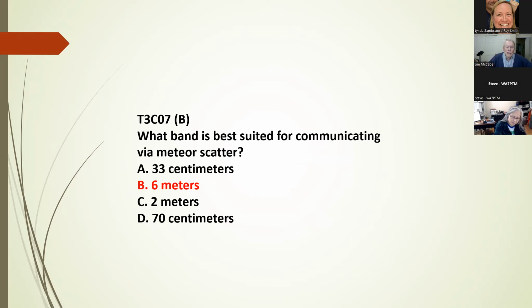What band is best suited for communicating via meteor scatter? I have no idea, so I have to remember 6 meters. Maybe somebody else had an explanation of why meteor scatter is better at 6 meters, but I don't. So this is one I would say, just remember meteor scatter, 6 meters.